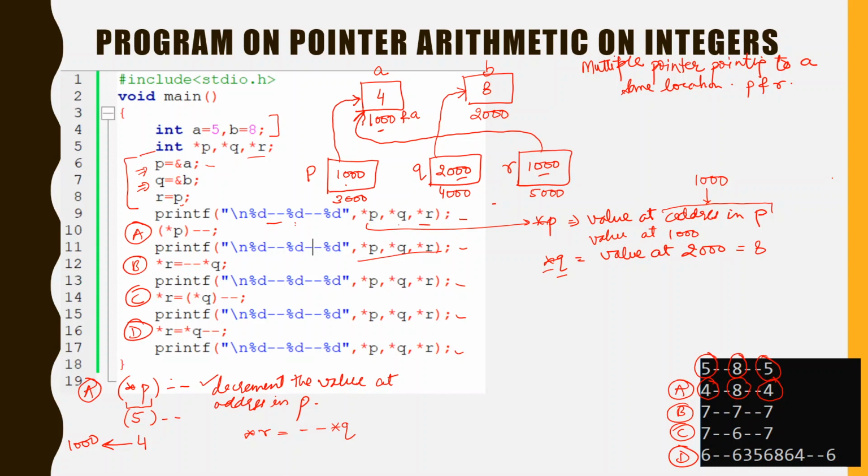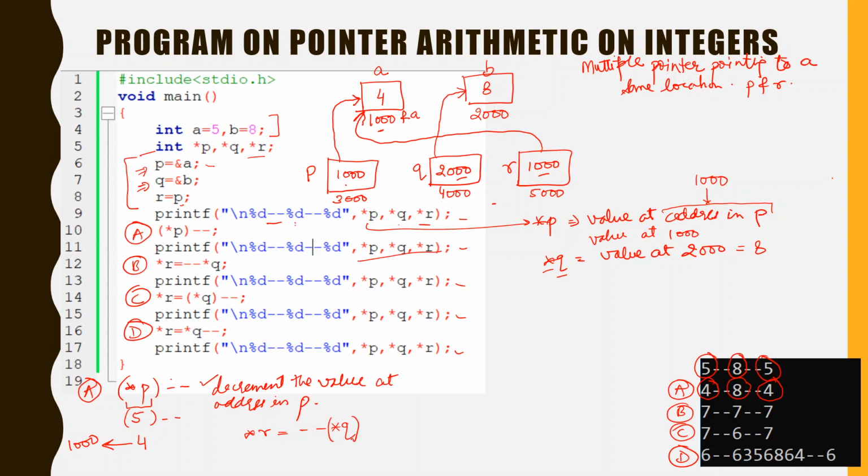Since the priority of the asterisk operator, that is the pointer operator, is more than the pre-decrement operator, pointer q simply means value at address in q.